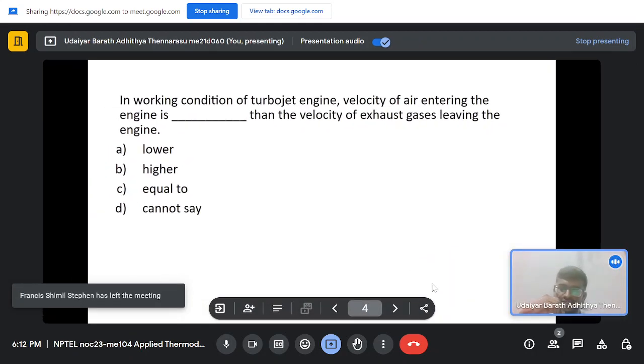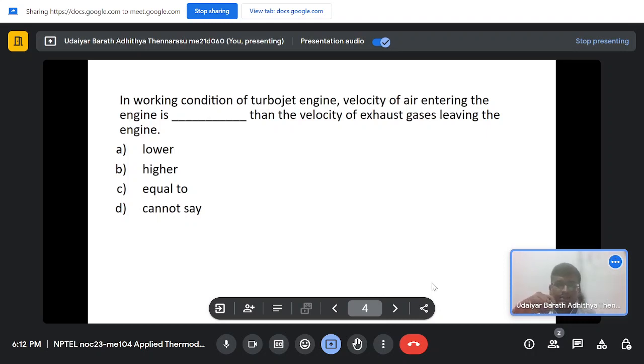So the next is, in working condition of a turbojet engine, the velocity of air entering the engine is dash the velocity of exhaust gases leaving the engine. We know that the velocity of air entering will be lower compared to the exhaust gas, or else there will be no difference in velocity and it will not create a thrust for the aircraft to move forward.